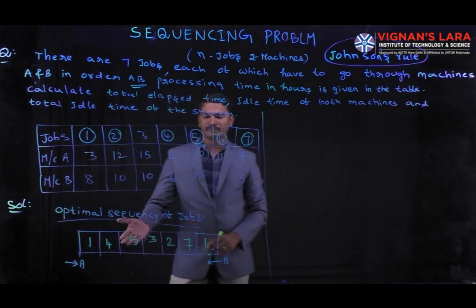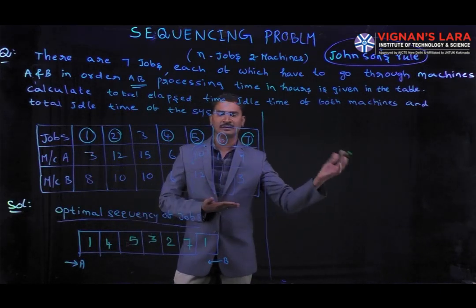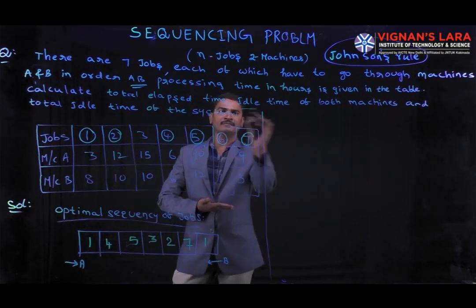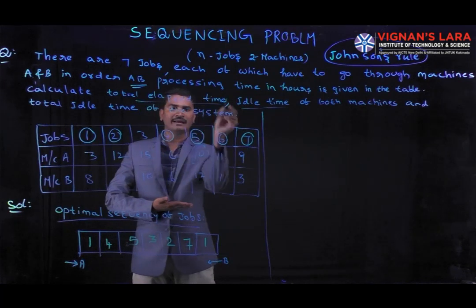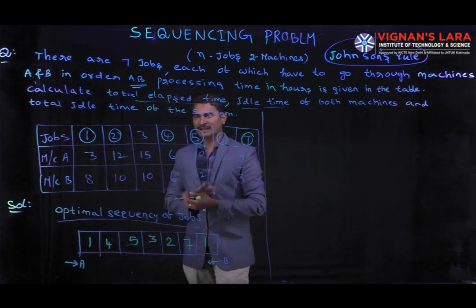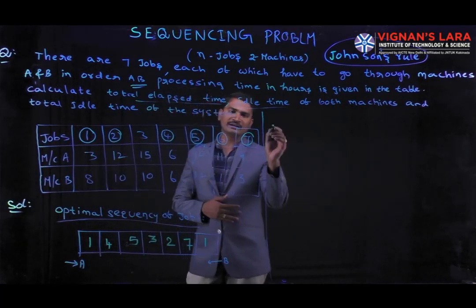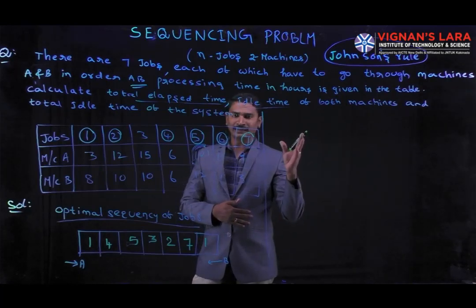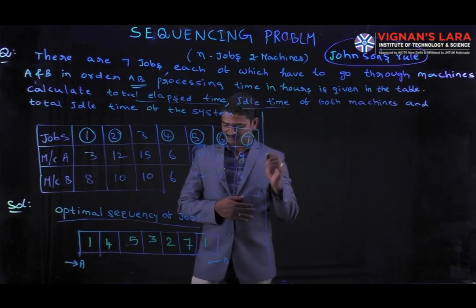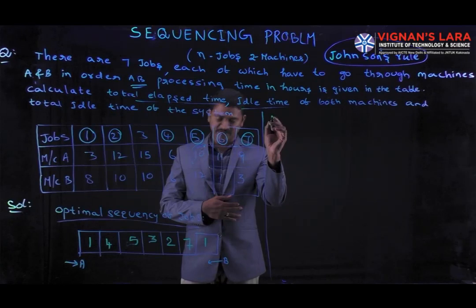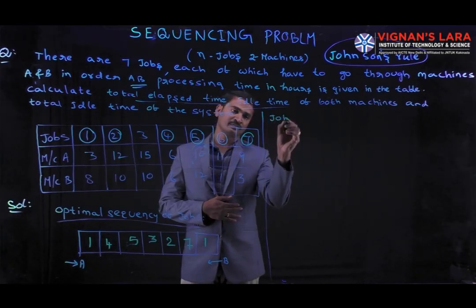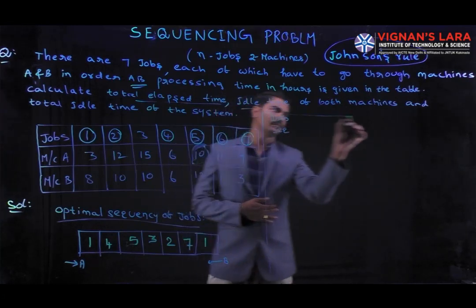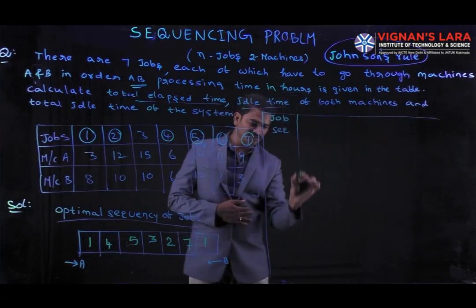Based on this sequence, we are going to calculate the idle time and the total elapsed time. Here, this idle time and total elapsed time are calculated with the help of a table. The table contains the job sequence.